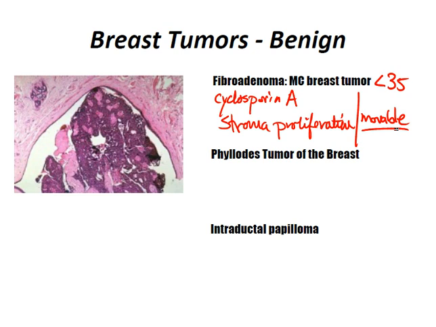So what about phyllodes tumor of the breast? This is a fibroadenoma variant that occurs in older women, usually greater than 50.